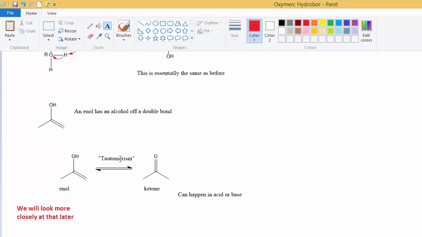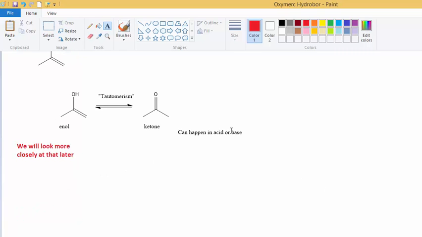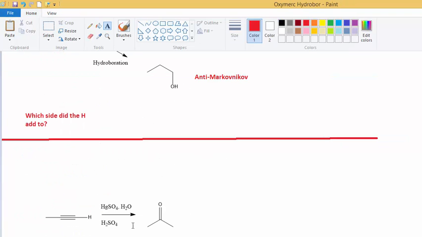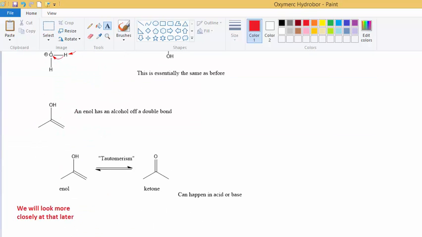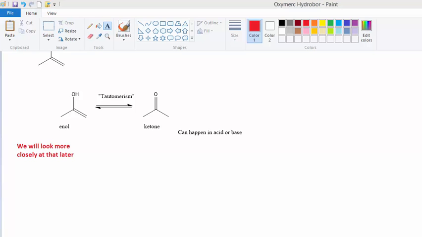Up until then, you're going to have to take a lot of things for granted, and this tautomerism process is one of those. But tautomerism can happen either in acid or in base, and if you remember our original reactants here, we're doing this in H2SO4. So we already involved the HgSO4 in the initial attack. The water was used for the second attack on the bridge, and the acid is used for the tautomerism.